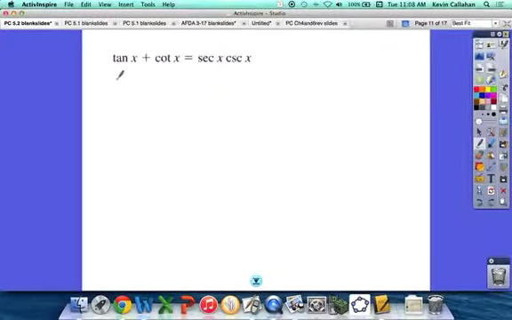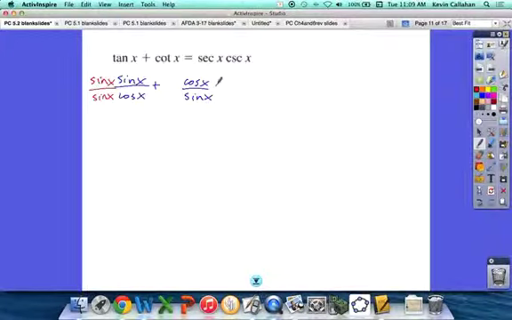So let's switch to sines and cosines here. See what it looks like. Sine x over cosine x plus cosine x over sine x. Okay, what do I have to multiply? What is the common denominator? Sine x cosine x, right? So this one will be multiplied by sine x over sine x.